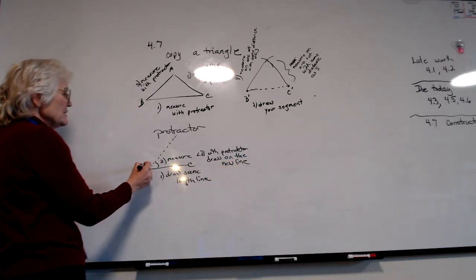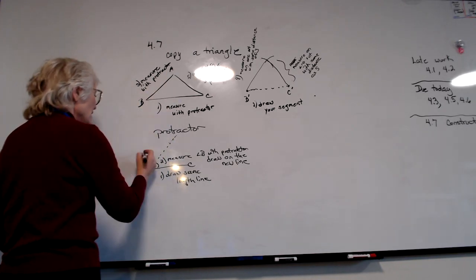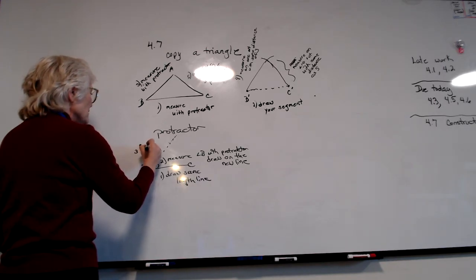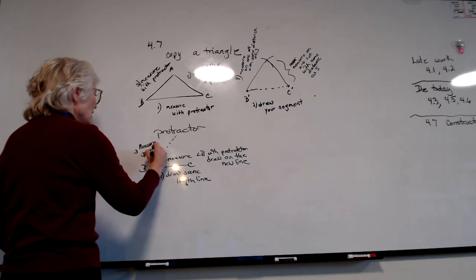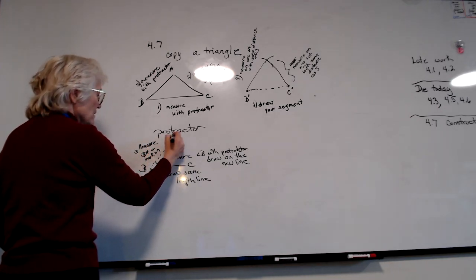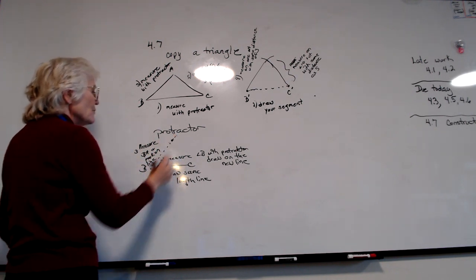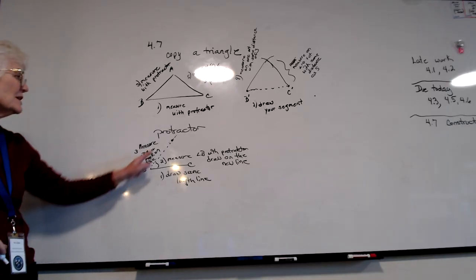And then what you would do is measure the length here. So you would measure BA. So our third thing would be to measure BA and mark on this line. That will give you your third point, so now you can connect them. So you really just measure the angle.